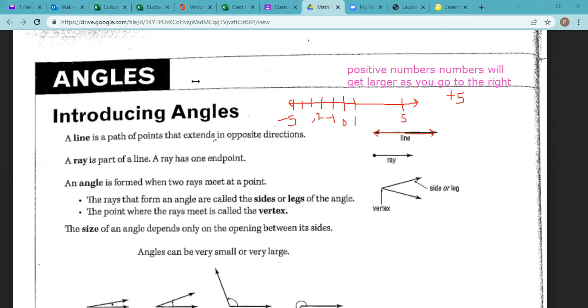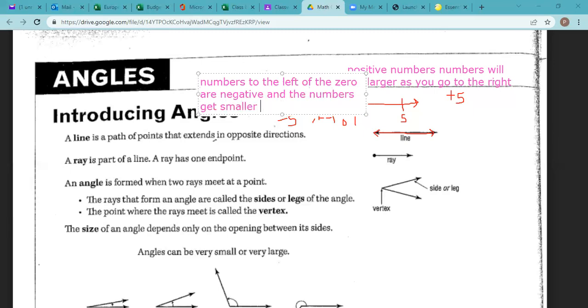So numbers to the left of the 0 are negative, and the numbers get smaller the more you go to the left.